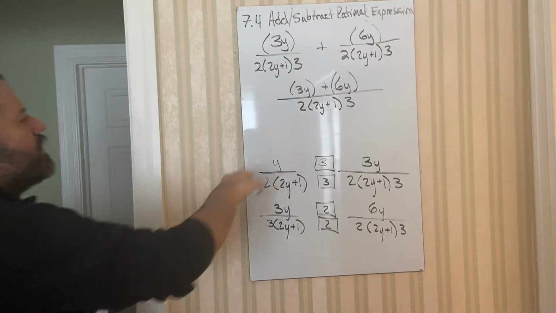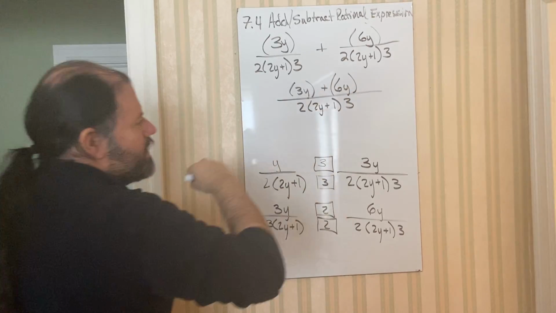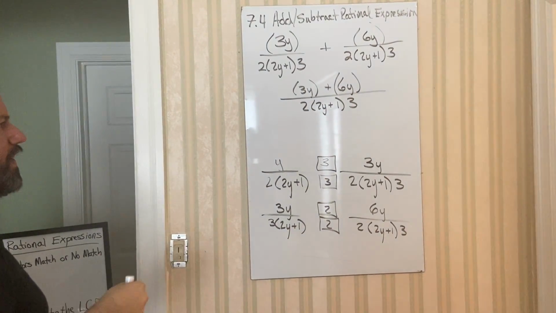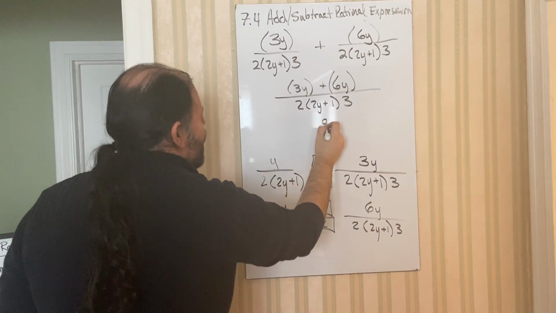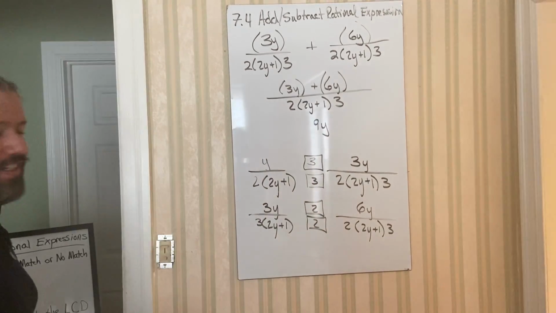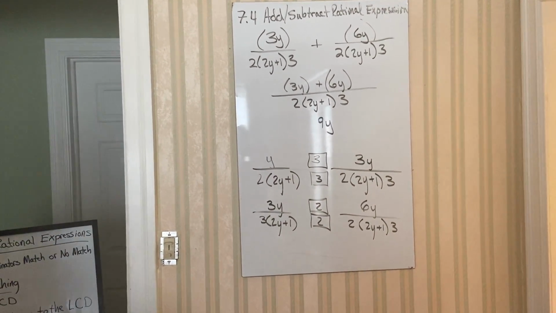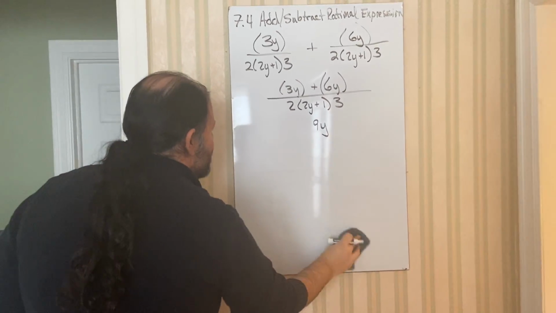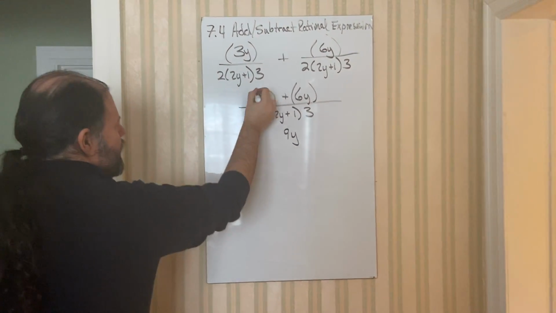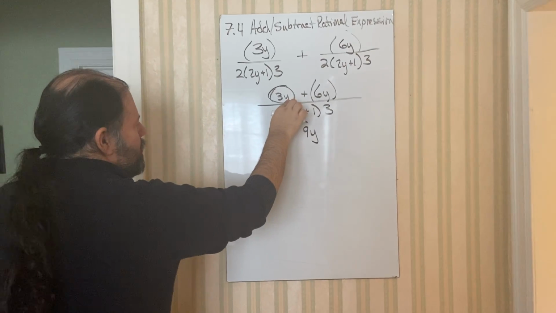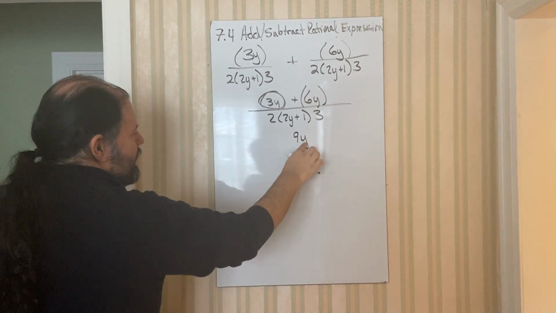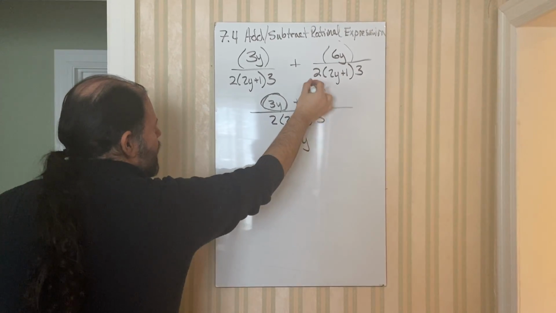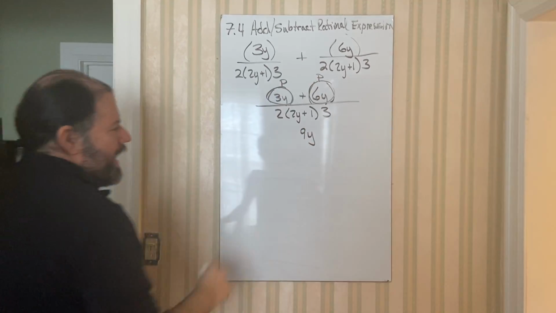So a lot of you will ignore the parentheses and say, well, 3y plus 6y is 9y. Okay? Remember, we're collecting like terms. Y's with y's does not give you y squared. Okay? You keep the same variable part. Single y stays single y. This was a positive, this was a positive, that's why we added to get 9y.